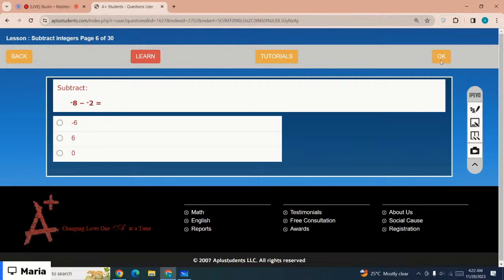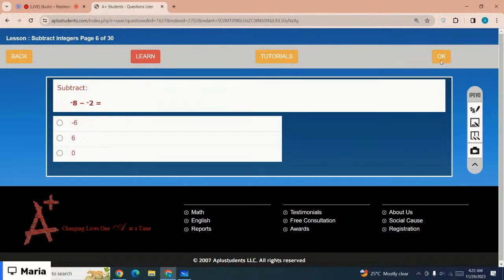Negative 8 minus negative 2, which is the correct option? Which is the correct option?